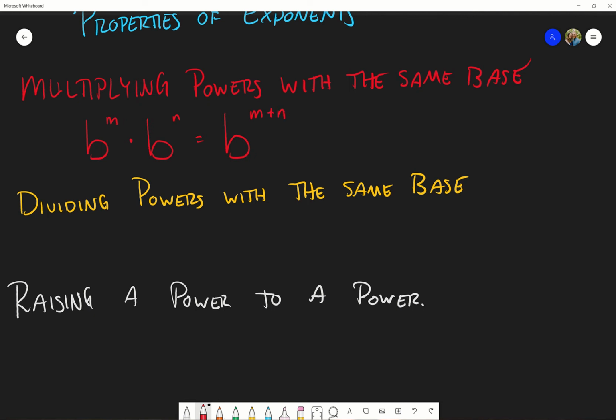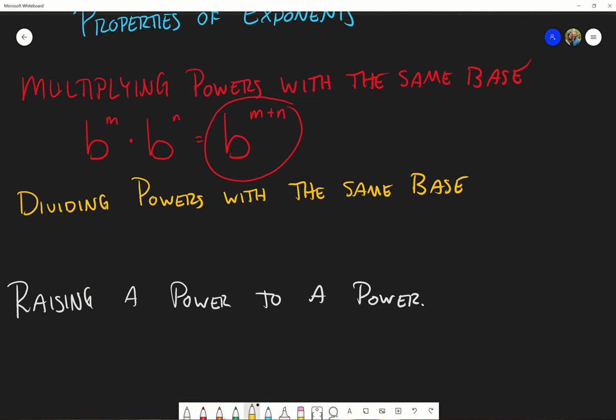So if we are multiplying powers with the same base, we add up the exponents to get our final answer here. The base stays the same the whole time, and we add up our exponents. Multiplying, we're going to add our exponents.